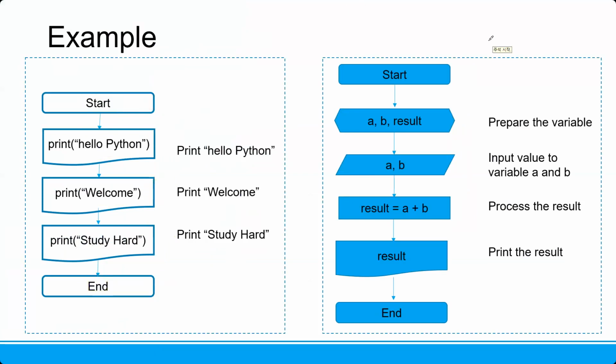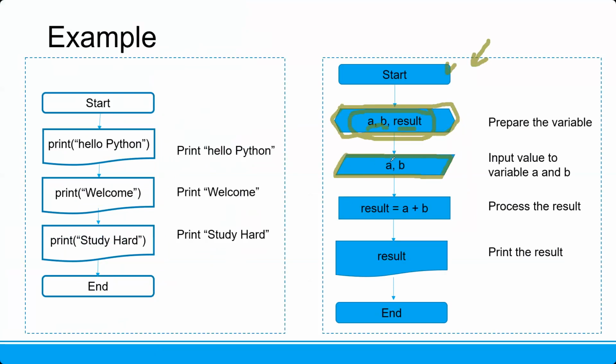Now let's see the second one. It is the starting point. So we have the preparation. Okay, so this is preparation. In the preparation, we have A, B, and result. This symbol means input.